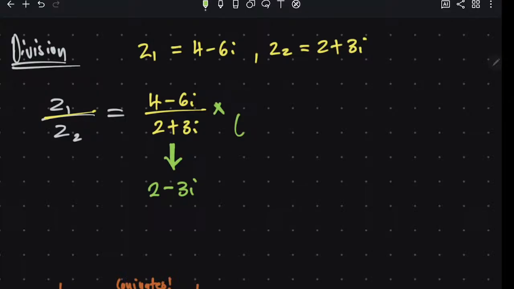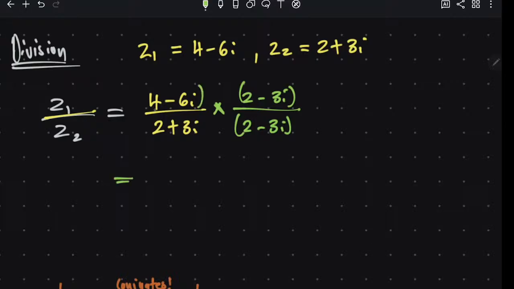Yes. So this is the one we will multiply the bottom and the top by. This is the only way to divide. Multiply by the conjugate. Oh, really? Yes. Now what do you have? You have two things multiplying at the top, then two things multiplying at the bottom, because bottom multiplies bottom, top multiplies top.